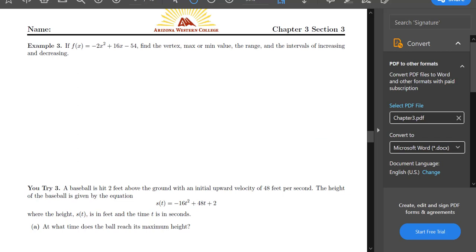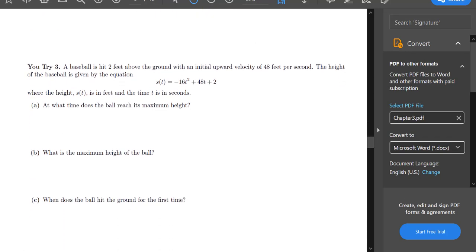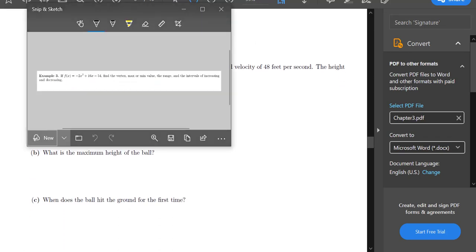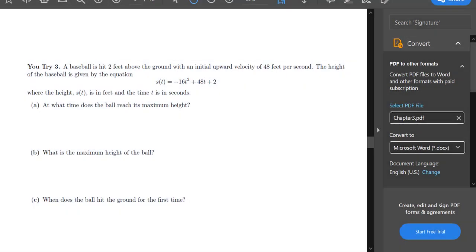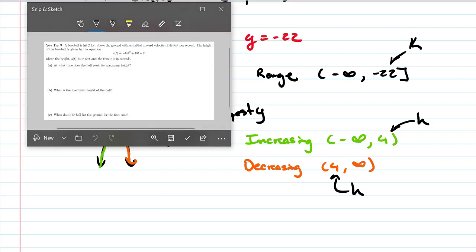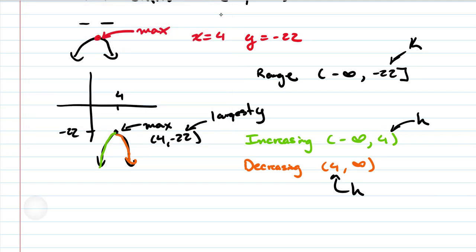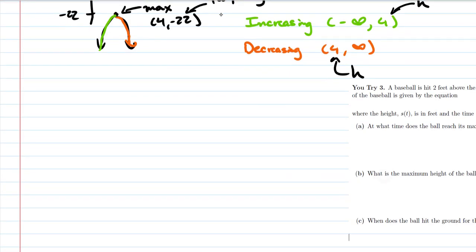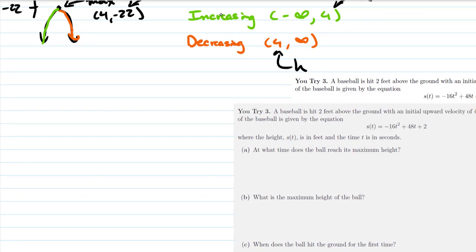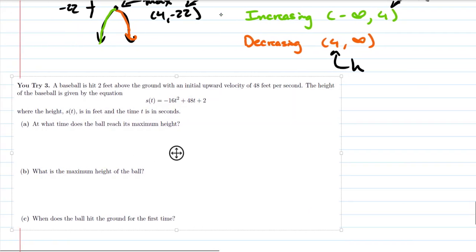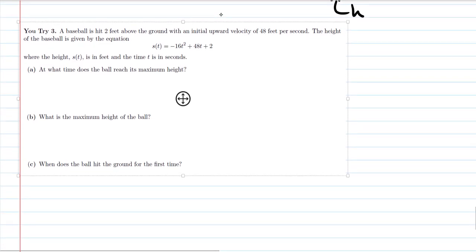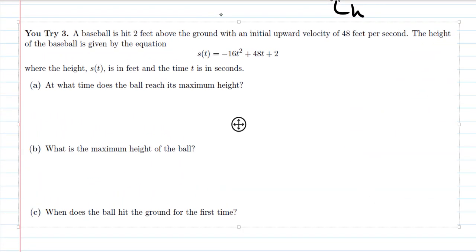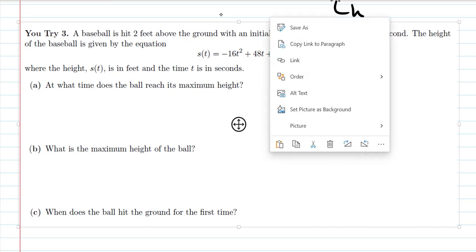So let's look at try number 3. Before I turn you loose to work on this yourself, you might be thinking, well, this doesn't seem like the same type of thing we just did, and it turns out they're exactly the same thing.